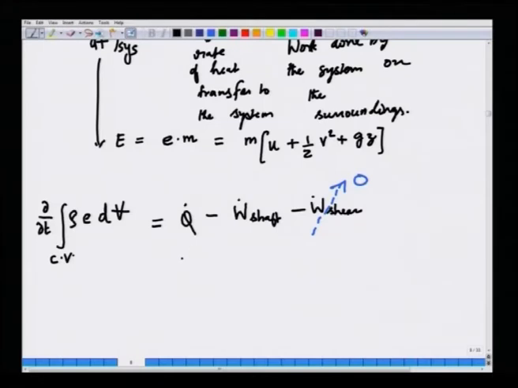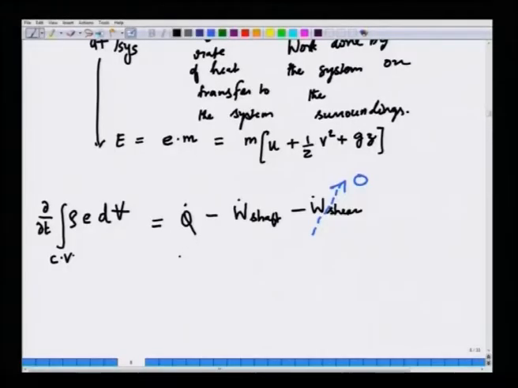When you convert from the system approach to the control volume approach, the rate of change of the energy of the control volume will not just change because of the heat transferred and the work interactions between the system and surroundings, but also because of the fact that energy can flow in and out of the system by virtue of flow. So, that term is there, rho times E, times V dot n dA.